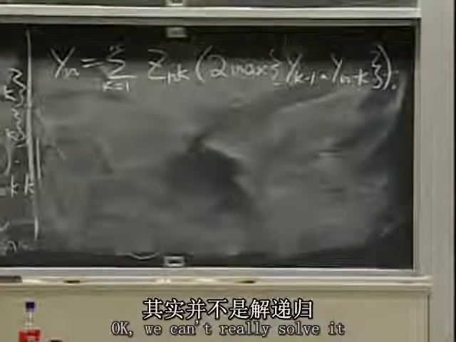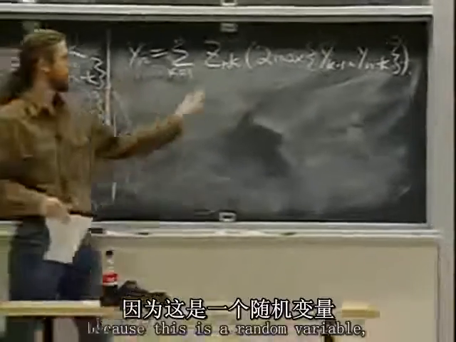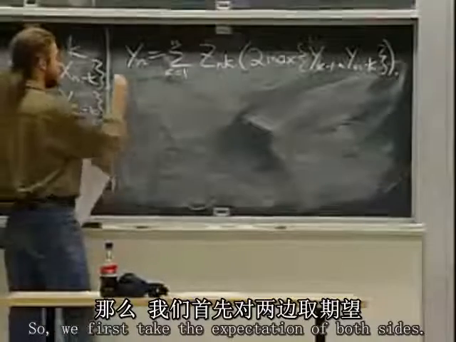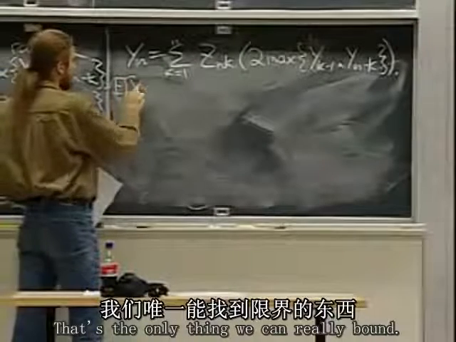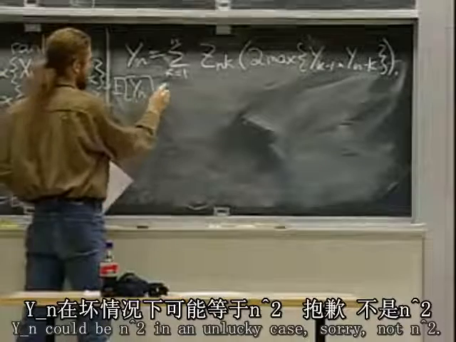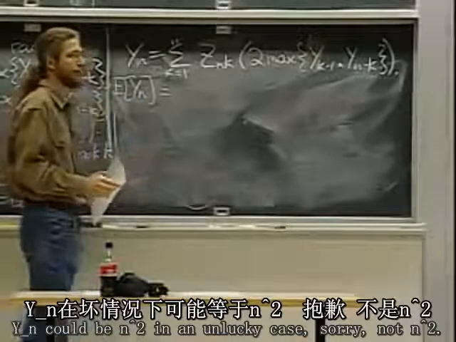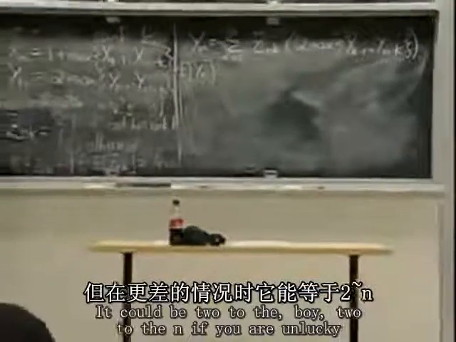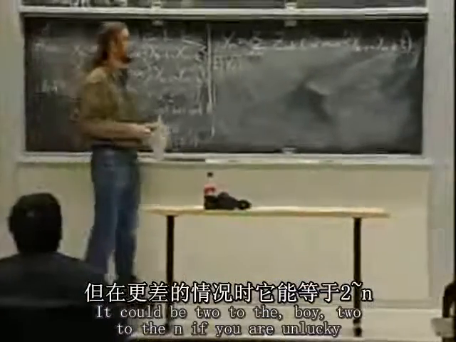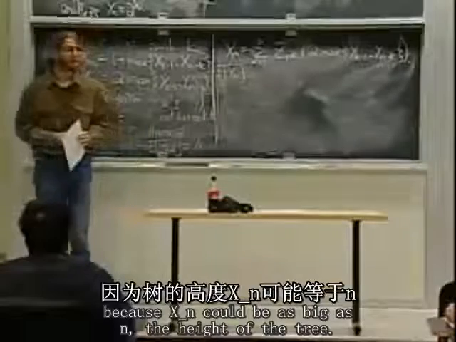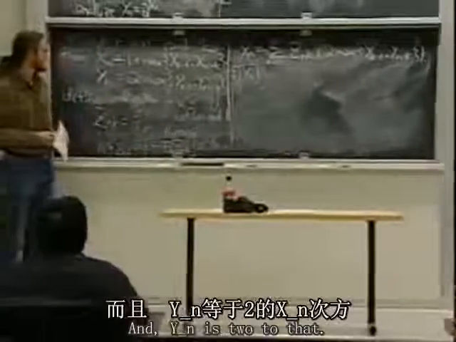We need to solve it. Okay, we can't really solve it because this is a random variable, and it's talking about recursive random variables. So we first take the expectation of both sides. That's the only thing we can really bound. Y_n could be 2 to the n if you're unlucky, because X_n could be as big as n, the height of the tree, and Y_n is 2 to that.